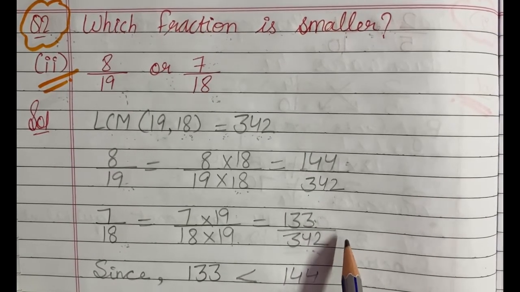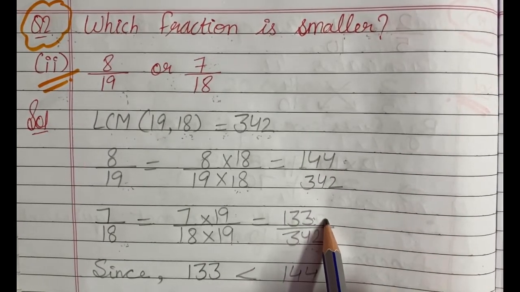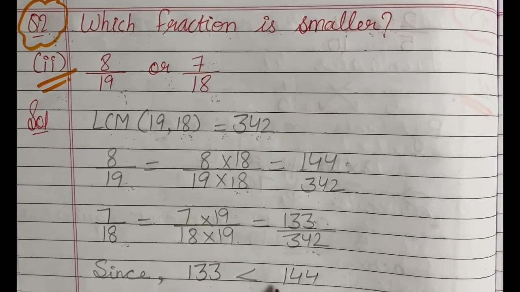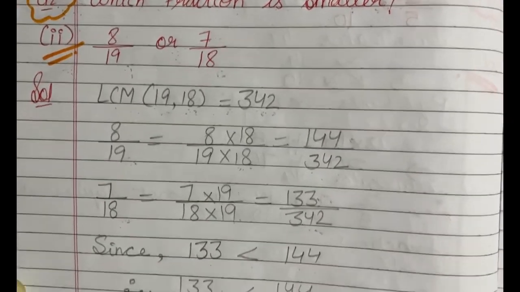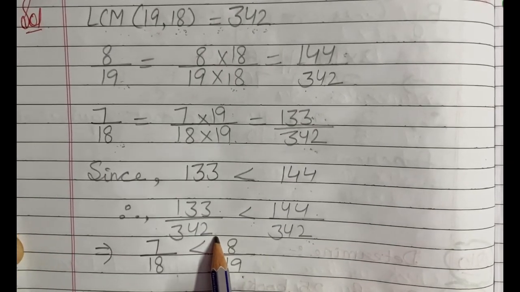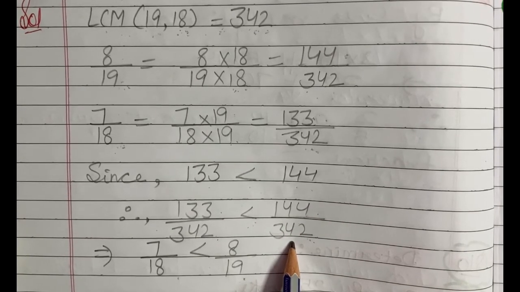Now students, the numerators are 144 and 133. In these numerators, 133 is less than 144. Therefore, 133 upon 342 is less than 144 upon 342.